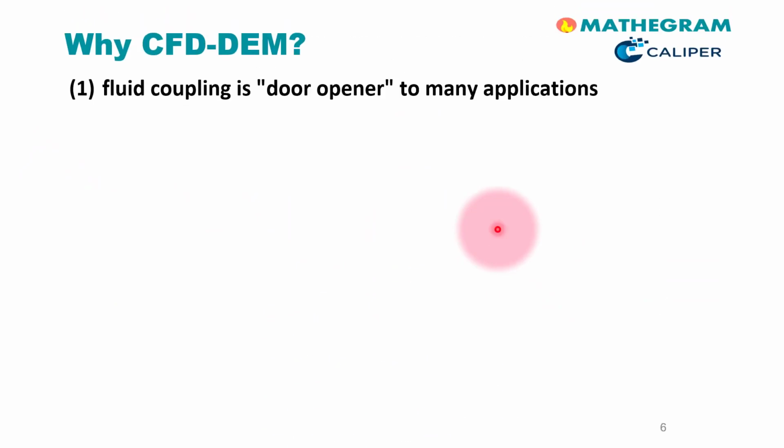The application of a computational model is always driven by the question, why should we use this model and not another one? For CFD-DEM, the first potential answer is that fluid coupling is a door opener to many applications that neither classical CFD nor DEM alone can attack.